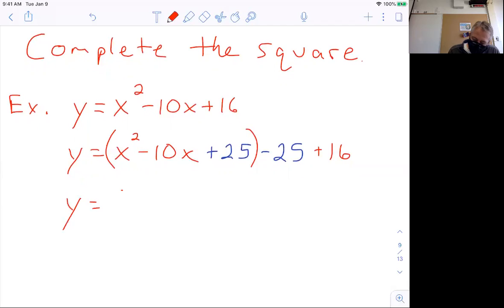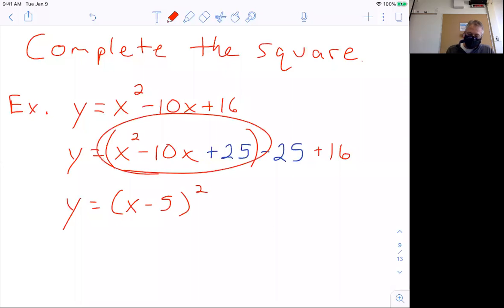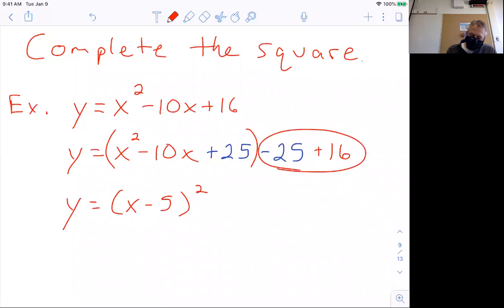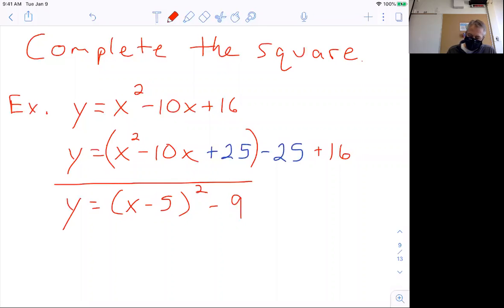So I'm going to get y equals x minus 5 squared, because I factored that. And then these two I just add together, so I have -25 plus 16 is -9. It's now in vertex form.